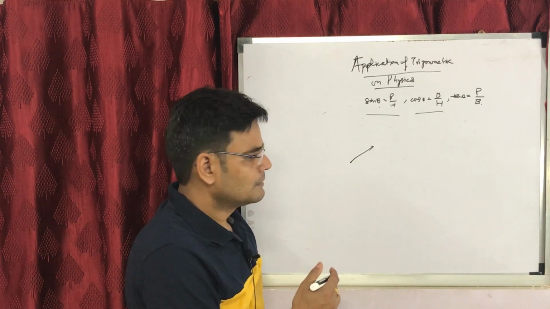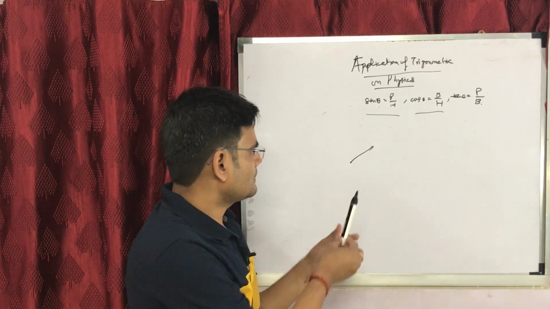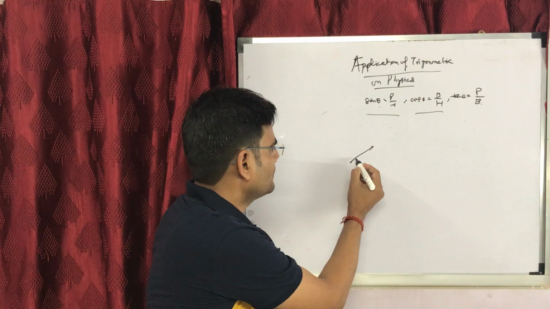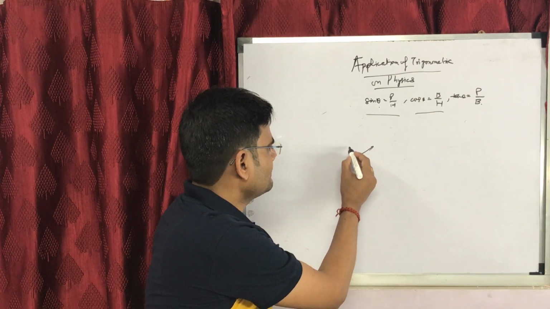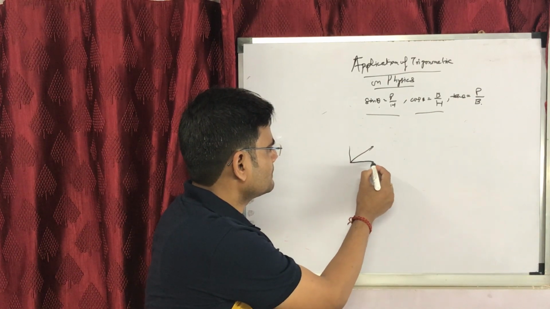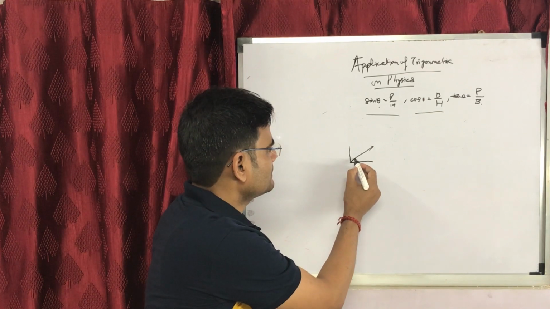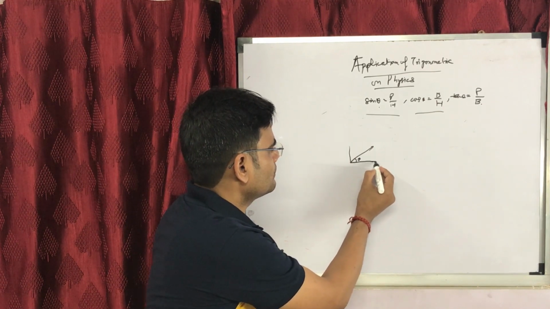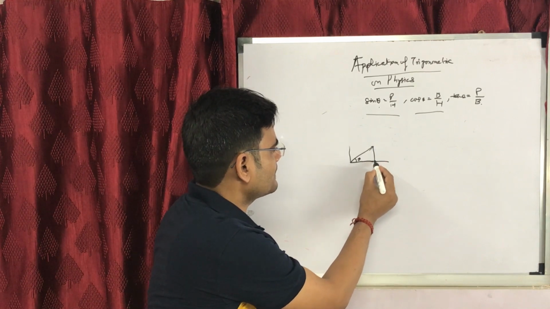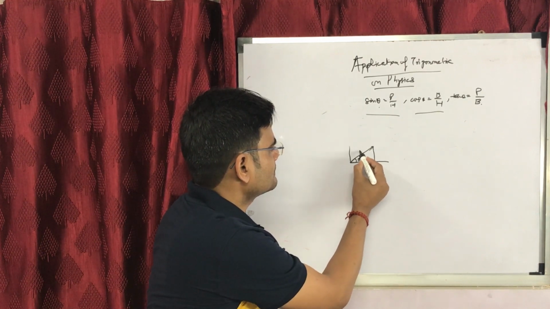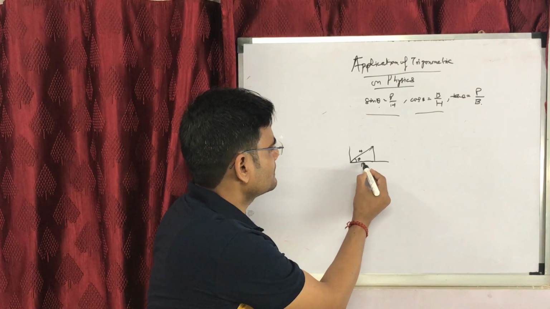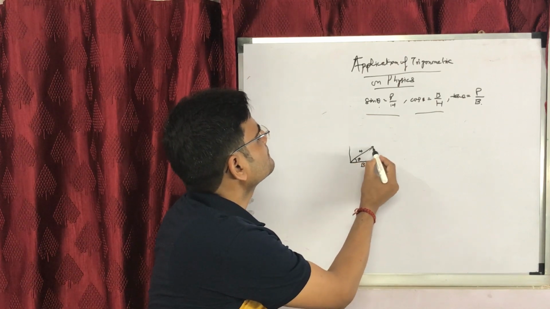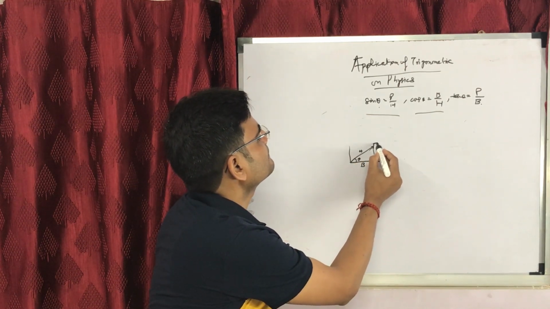Now I know that I threw the ball in this direction, but if I make a right angle triangle around it, and if this is theta, and if I complete this triangle, this is hypotenuse, this is base, and this is with say force F.